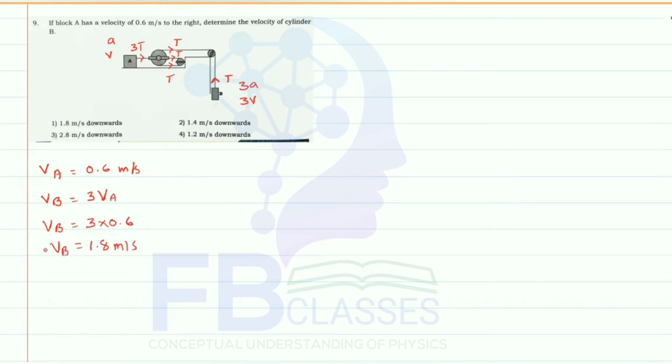So this is the velocity of the B block, the cylinder. Which direction, my dear? Downward direction. If block A is moving to the right side, then cylinder B comes downwards. So VB is equal to 1.8 meter per second, downward direction. So the first option is the correct option. Hope you understand, students.